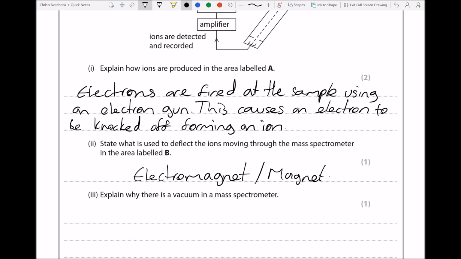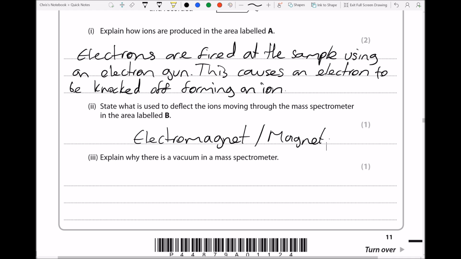Alright, okay. Explain why there's a vacuum in the mass spectrometer. Right, it's really important to have a vacuum, because if we've got the mass spectrometer full of air, them air particles will interfere with the sample that's flying through the mass spectrometer. So having a vacuum basically just stops that interference and just allows the ions to move smoothly through the mass spectrometer.